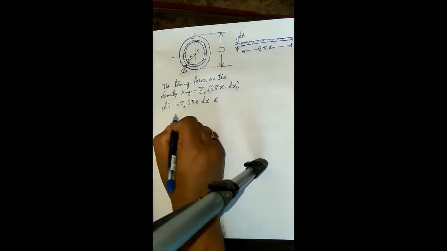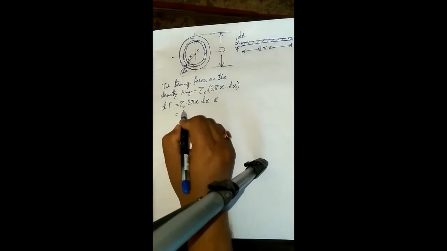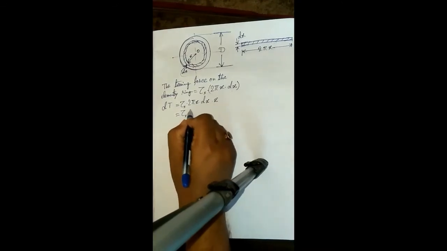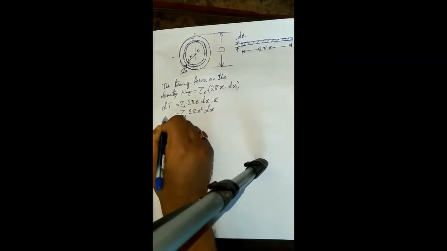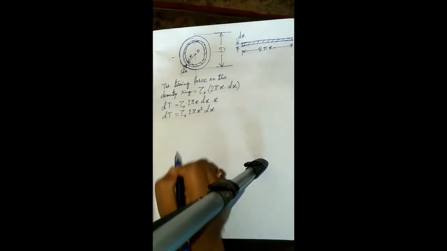This is the turning moment on the elementary ring, that becomes 2 pi x square dx, that is TD.